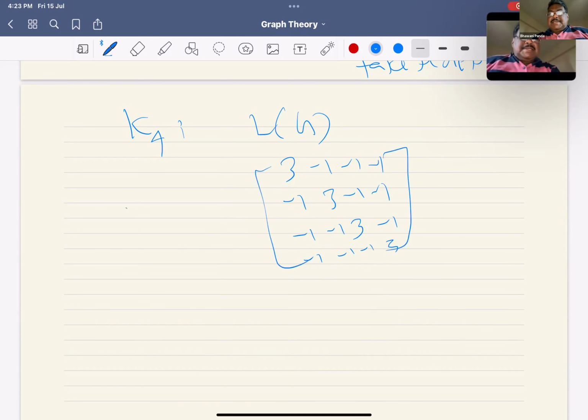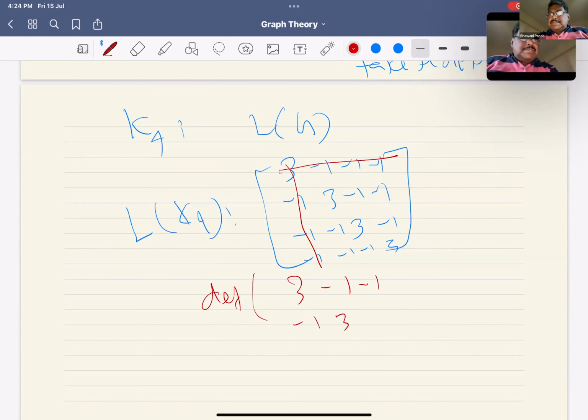So this is basically L of K4. You just remove the first row and the first column. What is the determinant of the remaining matrix, 3 minus 1 minus 1; minus 1 3 minus 1; minus 1 minus 1 3?